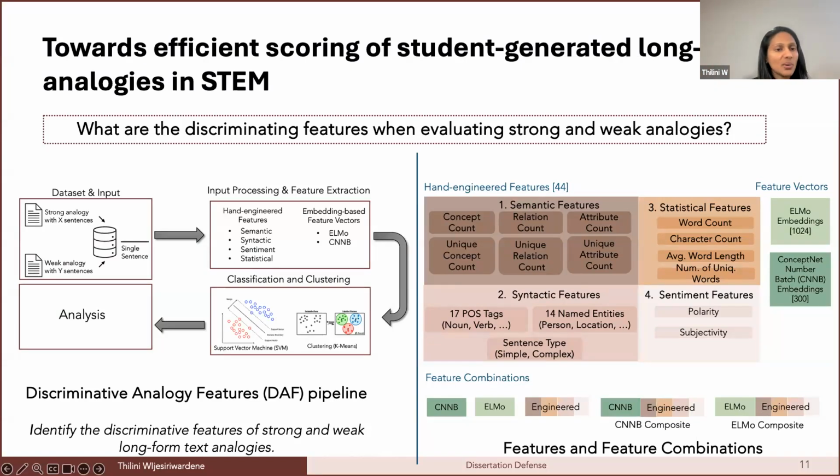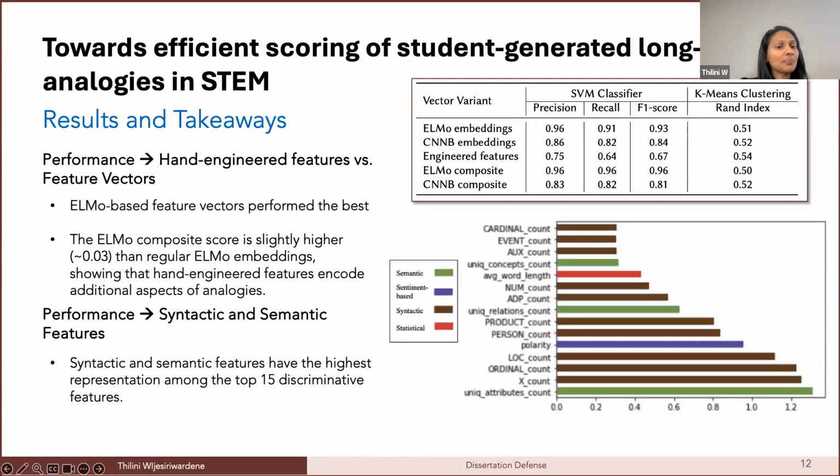So what we figured out is, between hand engineered features versus feature vectors, Elmo, which is a language model based feature vector, has the highest performance. But if you combine it with hand engineered features, you get a slightly higher score.